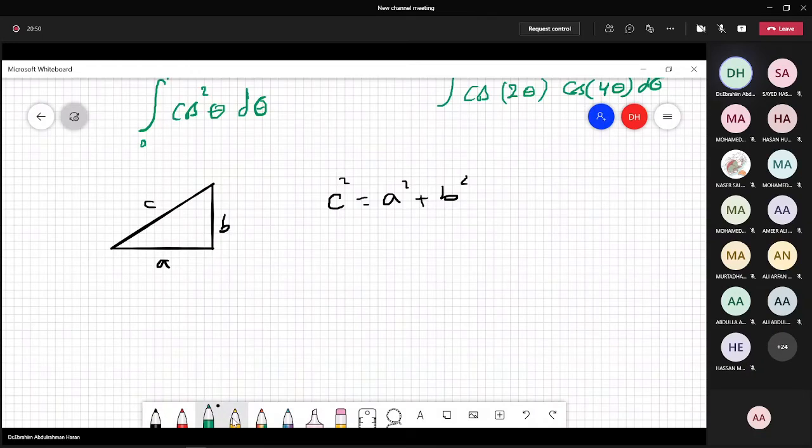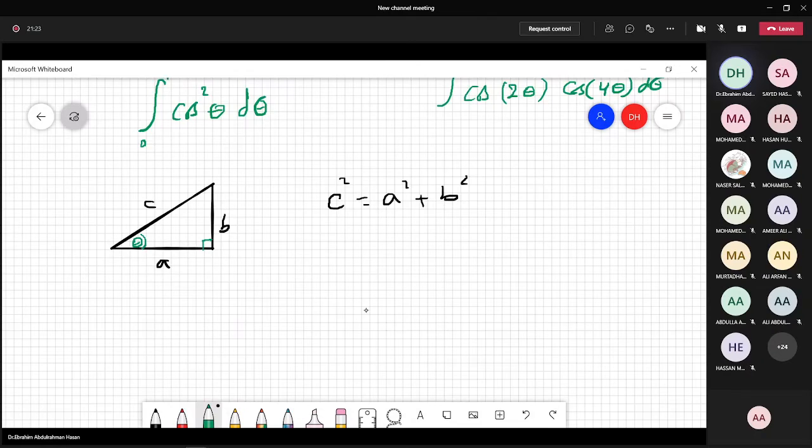Second, there is always a relation between the sides, between B and A, between C and B, between A and C. But instead of saying A divided by C or A divided by B, we put it in terms of this angle.